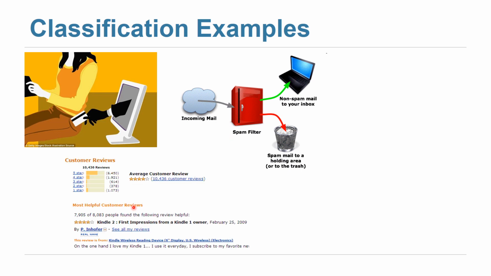Another example is what we call sentiment analysis. Given a review like that, I want a classifier to tell me whether this review is positive or negative, whether a customer here likes the product or dislikes the product from just the text in the review or in the comment. We see that all the time on Amazon or eBay and so on.